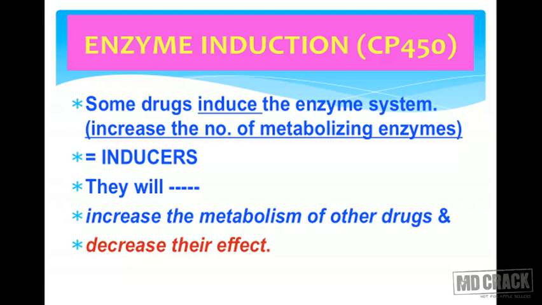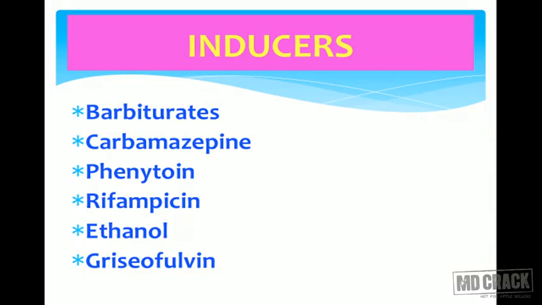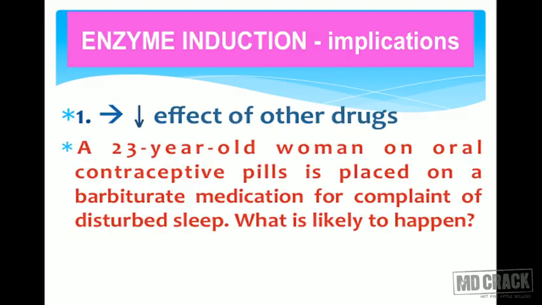So if you are giving inducers for a long time, they are going to increase the metabolism of other drugs, and the effect of these other drugs is going to decrease. Look at the list of inducers, very important: barbiturates, carbamazepine, and phenytoin. You also have rifampin in this group. You have ethanol, that's ethyl alcohol, and griseofulvin.